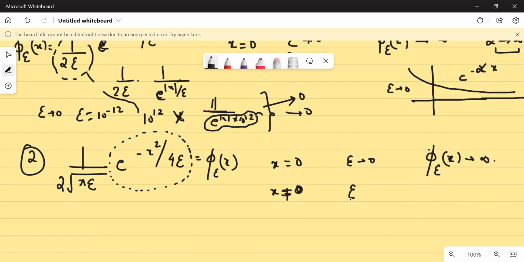If x is not equal to 0 and as epsilon tends to 0, this entire term you can see will exist, and it will become infinitely large, because x is not equal to 0, this will be some positive quantity, divided by something tending to 0, overall it will become some infinitely large quantity, and e raised to power minus an infinitely large quantity would become 0, and it will be dominating over this particular term. Understand my point? So this will become 0 if x is not equal to 0 and epsilon tends to 0.